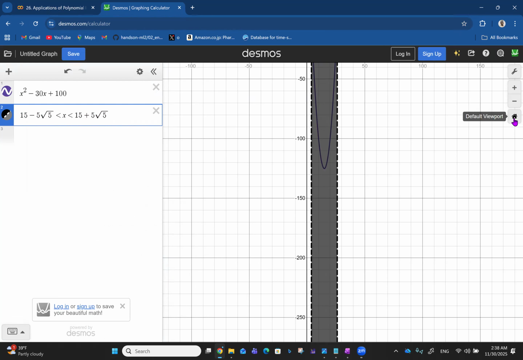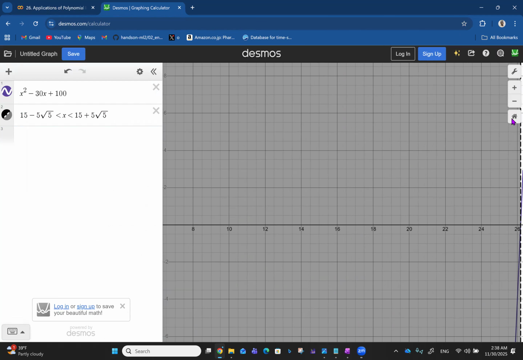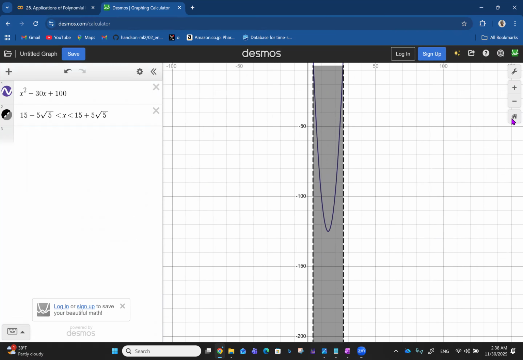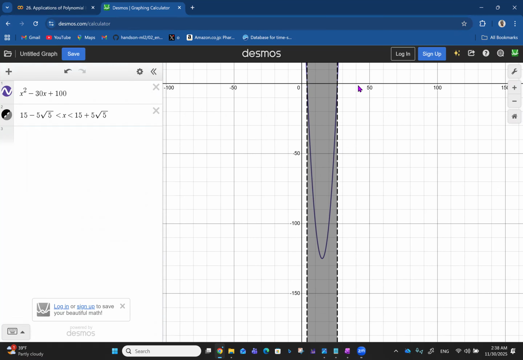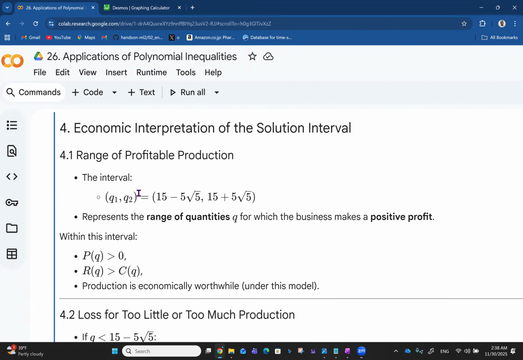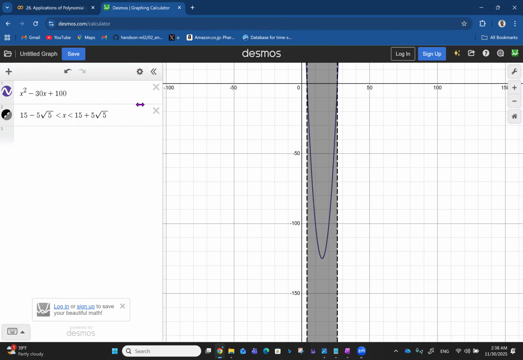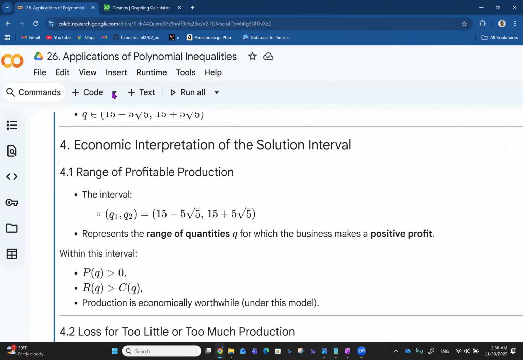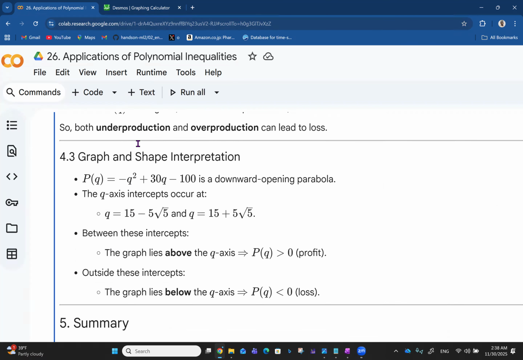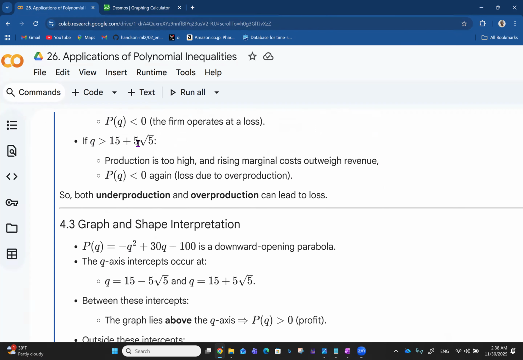If you take this home, that's so large, so we need to shrink it to see. The profit only happens within this interval, based on what we're solving. We need the negative part of that polynomial for the profit to be possible. So you can only get profits when the quantity produced, which is Q, is in this interval.